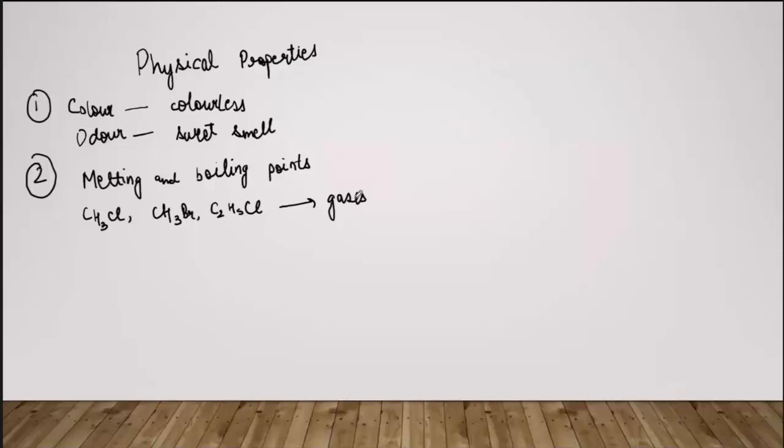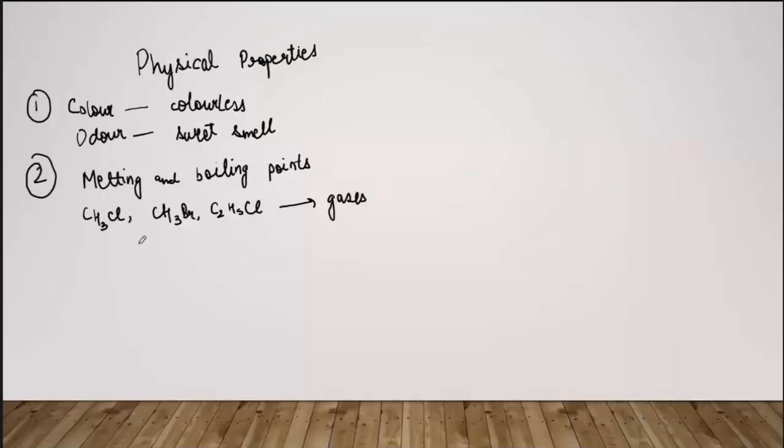Okay. So here, how will we study? How will we compare it? We'll compare the melting and the boiling points of the haloalkanes with different materials, and then we'll analyze how they are increasing or decreasing.